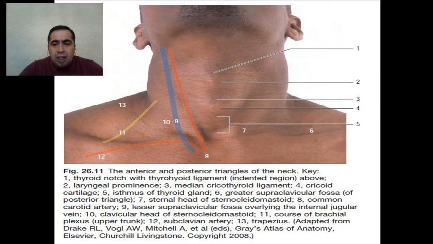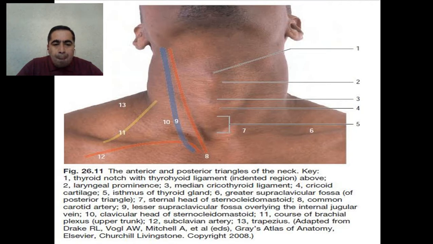And the median cricothyroid ligament between the cricoid cartilage and the thyroid cartilage. The cricoid cartilage, which is the base of the larynx, is also projected by the midline of the neck.